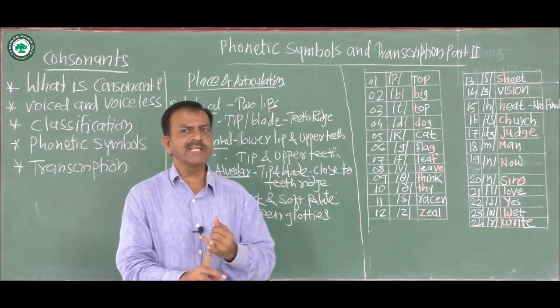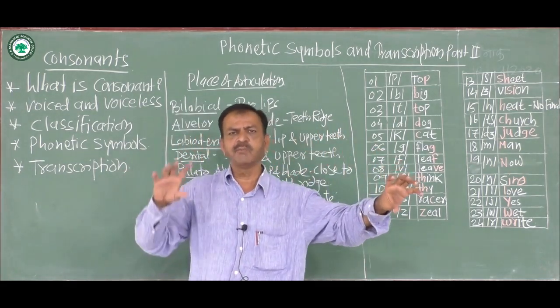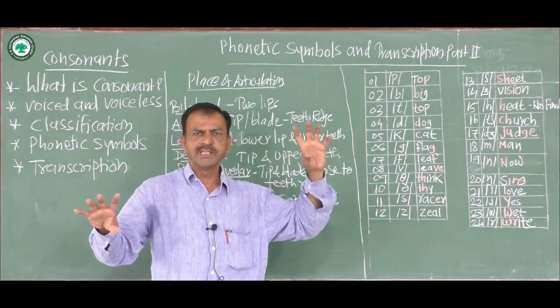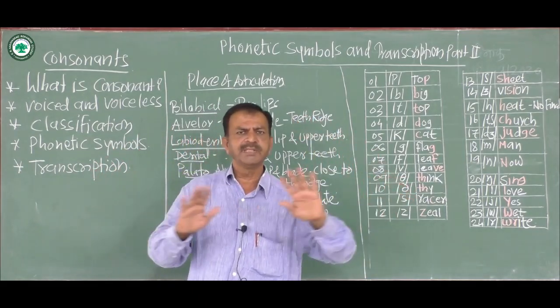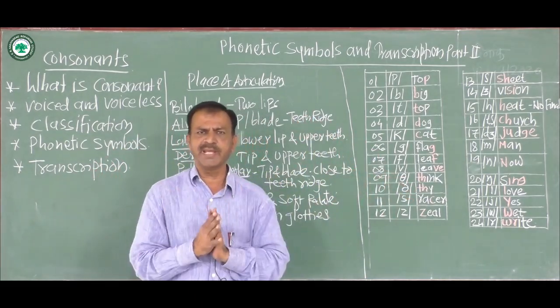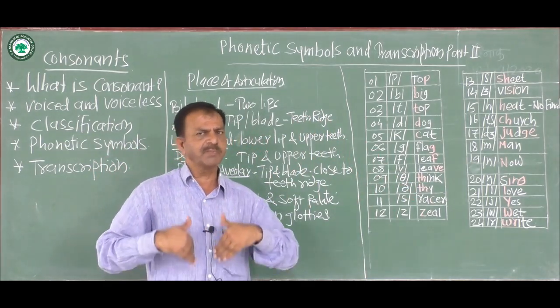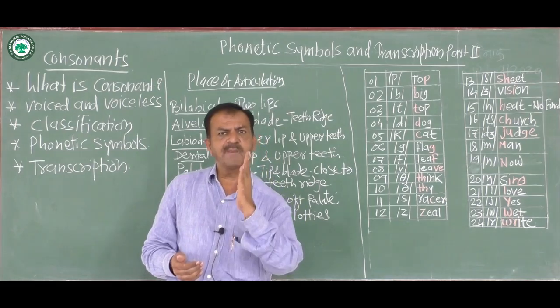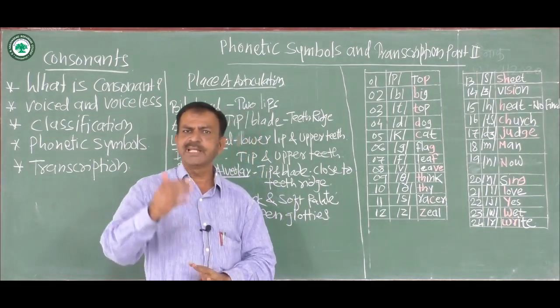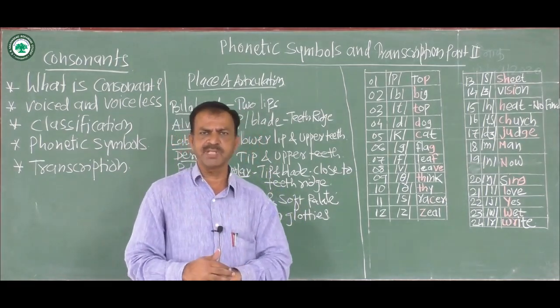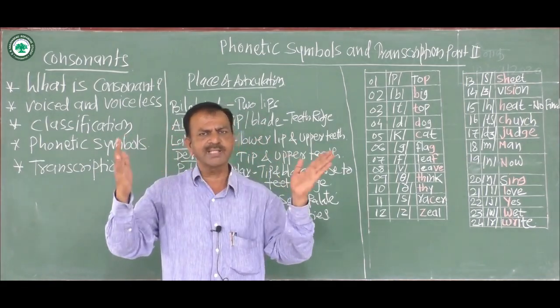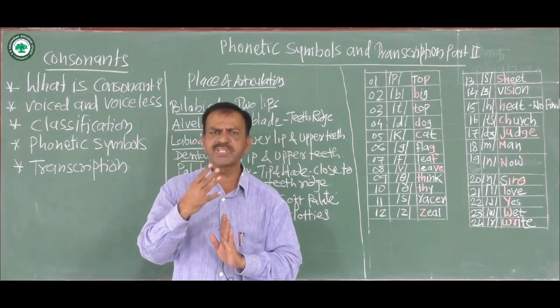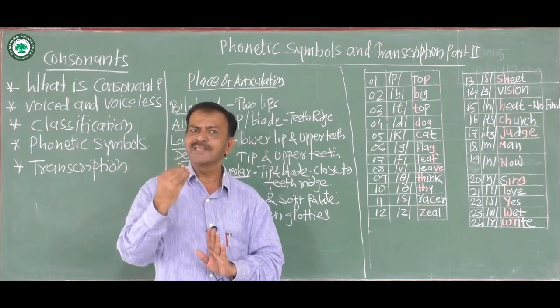In short, we can say this is the difference between the vowel and the consonant. In the production of a vowel, there is no obstruction to the air passage which comes from the lungs through the windpipe. But in the production of a consonant sound, there is closure to the air passage, and when the articulators are separated, it makes friction or it makes sound.